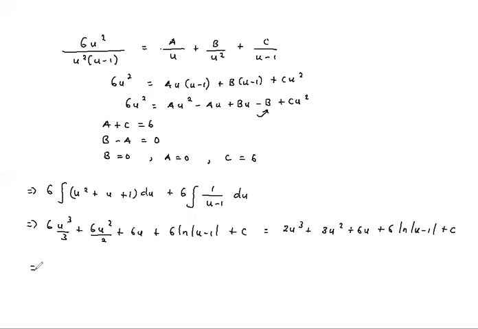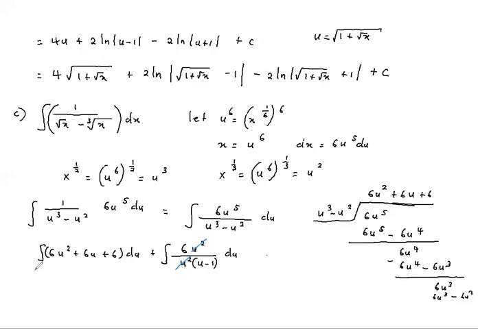So what is u? Where is our u? So u was, from here, the u was x to the power 1 over 6, the sixth root of x.